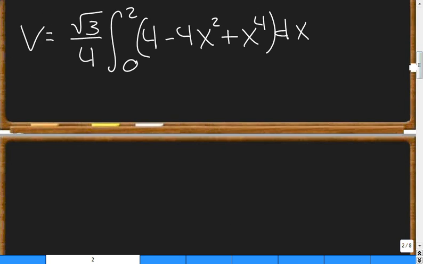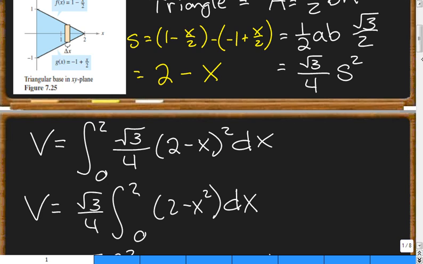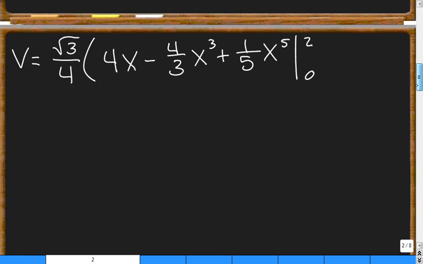And so now let's go ahead and evaluate this. Well, 4 becomes 4x. We get negative 4/3 x cubed, and plus 1/5 x to the 5th. Sorry, this is going to happen from 0 to 2.